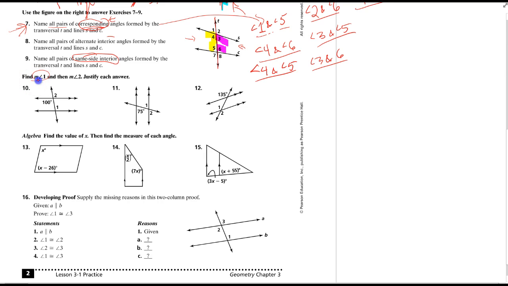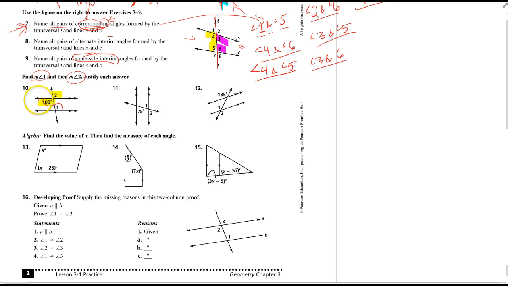Now, let's find these measurements. If we know that this is 100 degrees, we've got 2 options on how to attack this. You could say that we've got a vertical angle with number 2, but that would be going out of order. Poor angle 1. How about saying 100 is an alternate interior angle with angle 1?